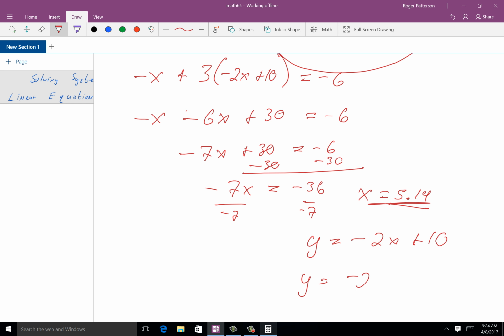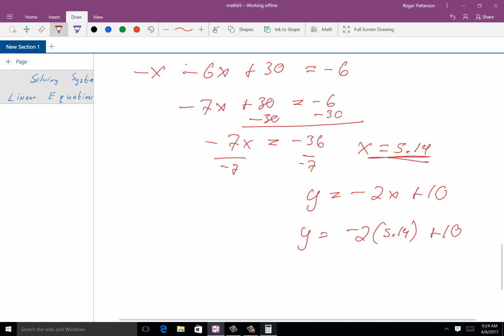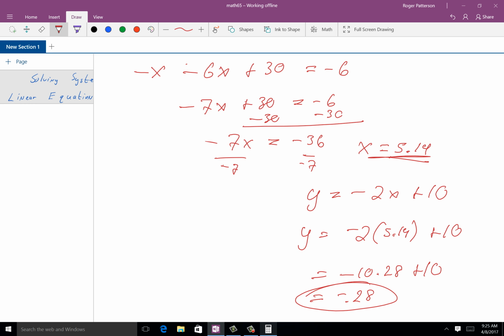Y equals negative 2 times 5.14 plus 10, which is negative 0.28. So my answer should be 5.14, comma, negative 0.28.